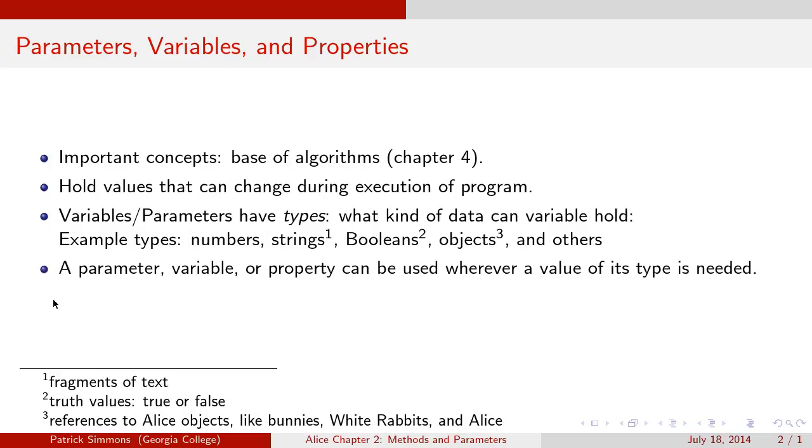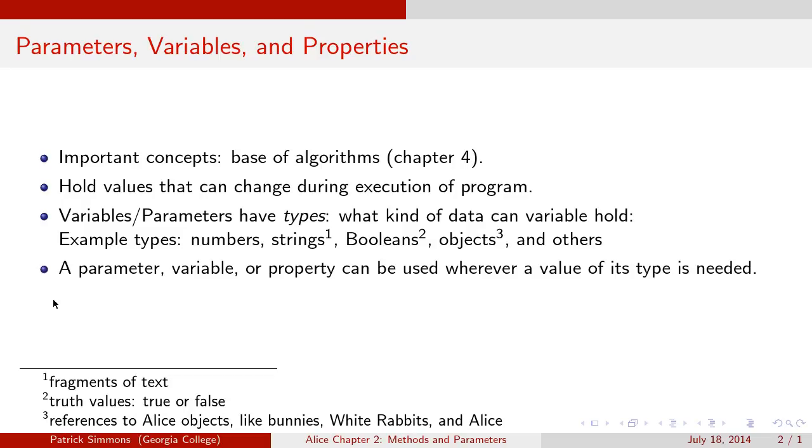So they're all like x, y, or z in algebra. And they can all change during execution. You can change the value of a parameter or a variable or a property. During execution, all you have to do is drag the tile into a method and then say set value to this.